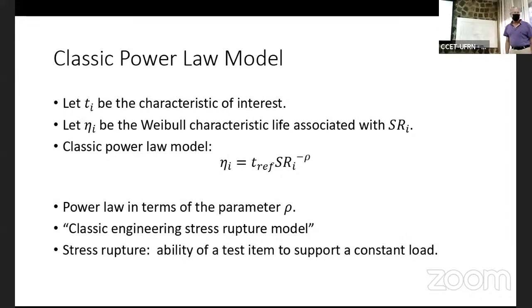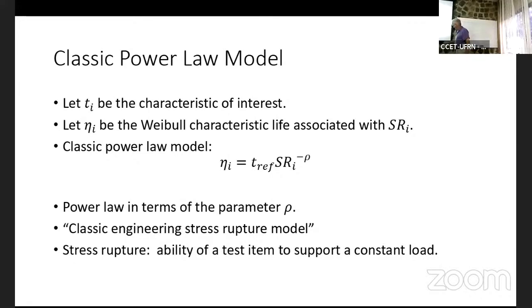What happens if I take the log of eta? Oh my. Okay. So this is relating it back to the Weibull distribution parameters. This is a power law because of this term here. So we are raising that stress ratio to the negative of rho.